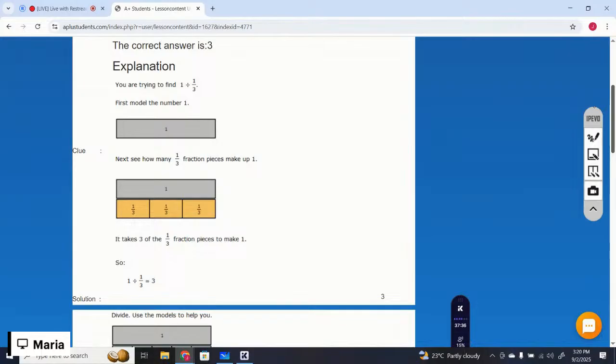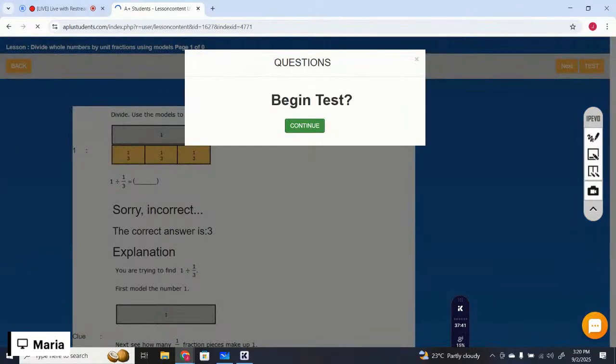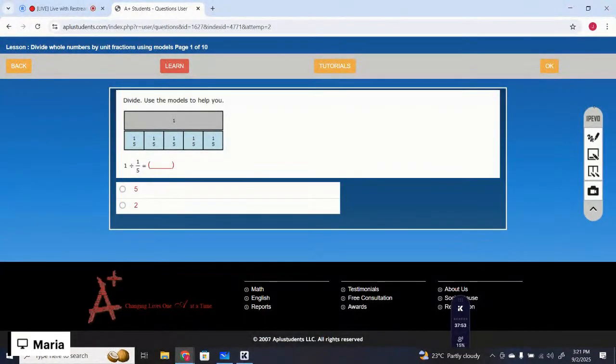Let's just start with the test questions. Divide. Use the model to help you. 1 divided by 1 by 5.